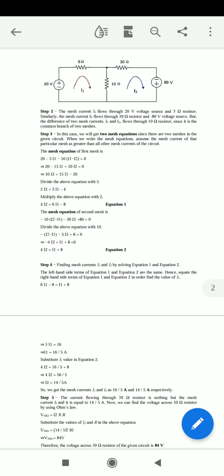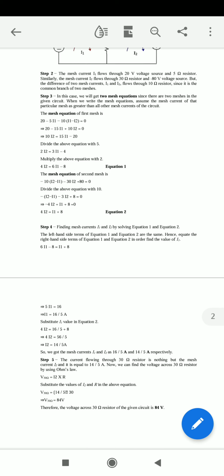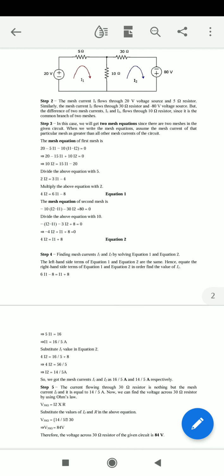Same for the 80 volt source: the entering current I2 is negative, leaving is positive, so we write positive 80. Otherwise it would be minus 80. Dividing the equation by 10, I2 minus I1 minus 3 I2 plus 8 equals 0. So the final equation is 4 I2 equals I1 plus 8.